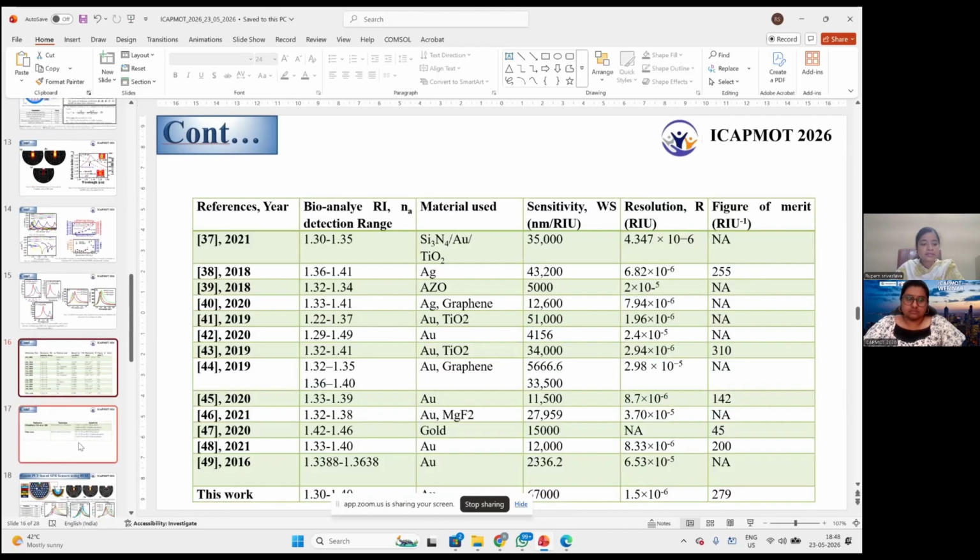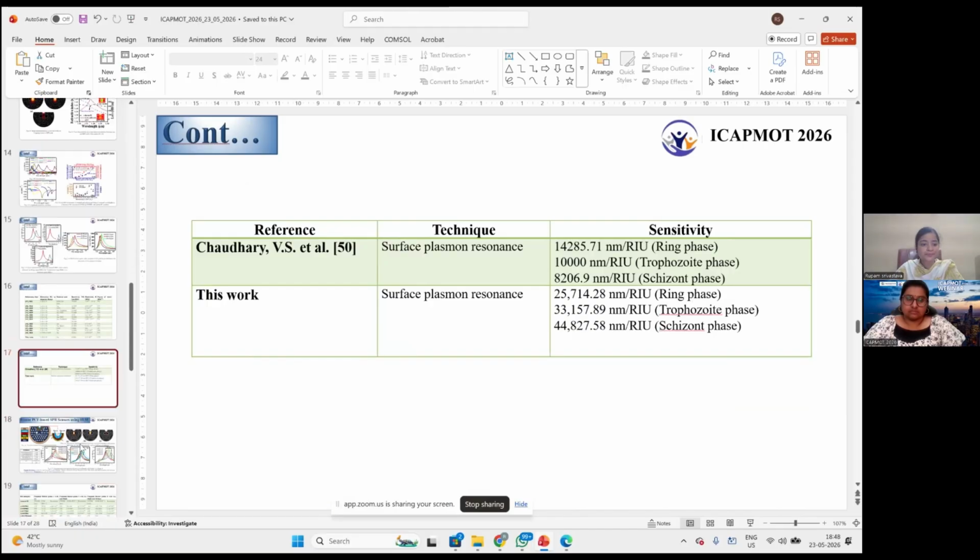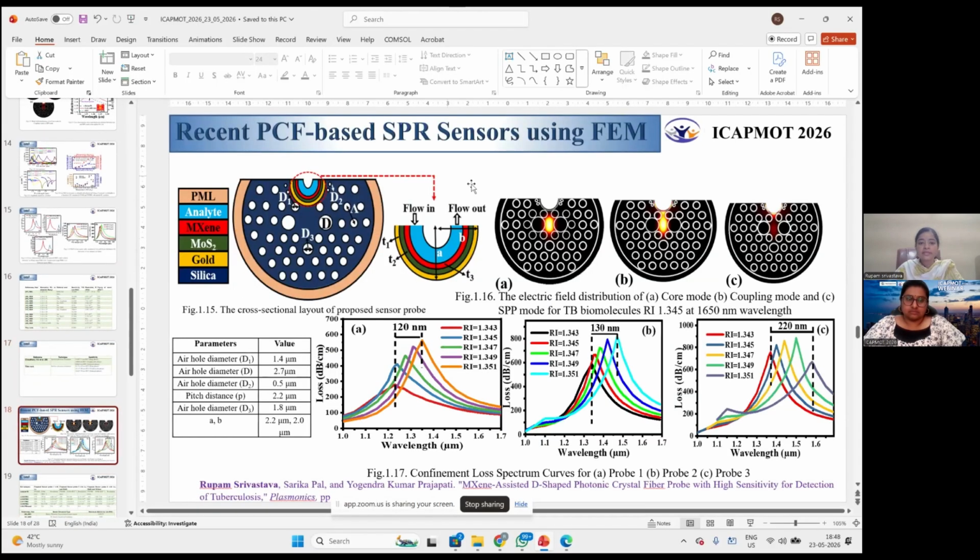These are the reported works, and similarly, this work tells about the D-shaped photonic crystal fiber with high sensitivity for detection of tuberculosis. In this, the sensitivity is improved by implementation of 2D material or different types of materials like MXene and MoS2, and here gold is acting as a plasmonic material.